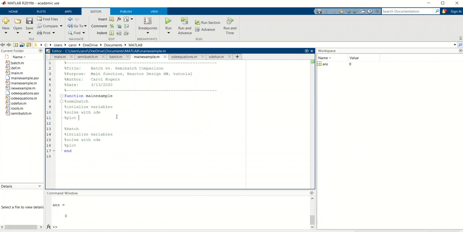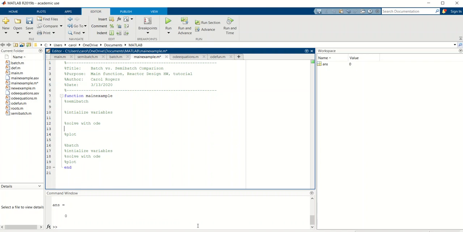So we're going to go back to our main function and start through our pseudocode. We know that our variables that we need to initialize are going to be, well, first I'll start with ODE.